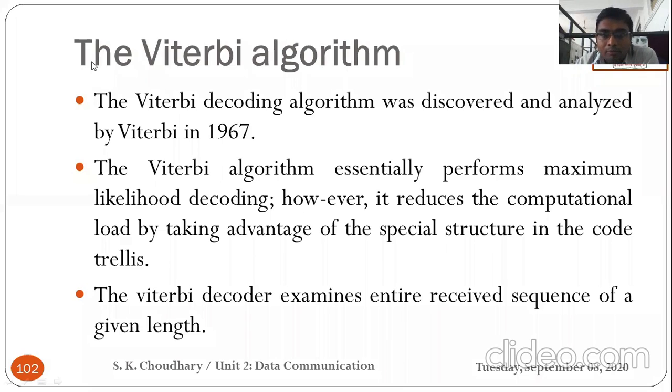We discussed the overview of the Viterbi algorithm in the last lecture, and we discussed that it performs maximum likelihood decoding. However, it reduces the computational load by taking advantage of a special structure in the code trellis. We also saw that the Viterbi decoder examines the entire received sequence for a given length.